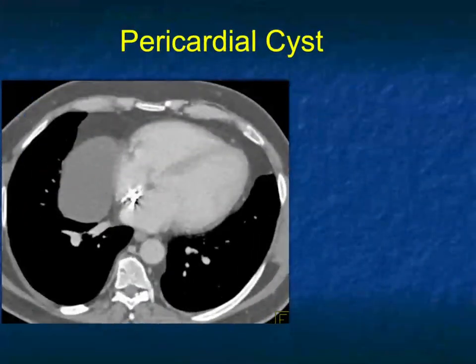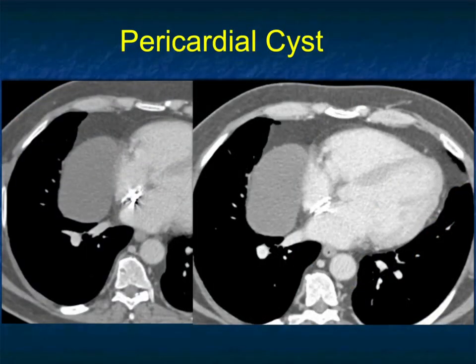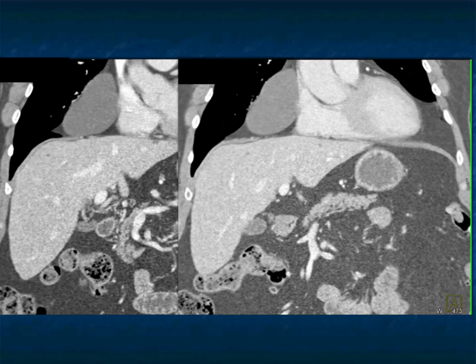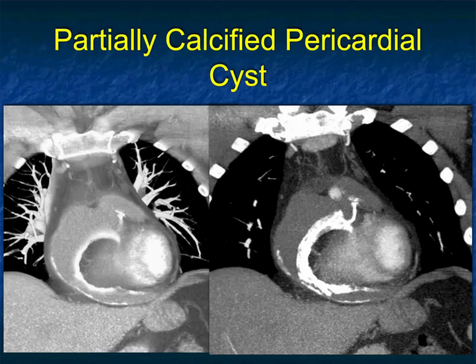Here's another example of a larger pericardial cyst. Water density, right side of the heart. We occasionally will see pericardial cysts on the left side, but that's infrequent. And here it is very nicely shown on the patient's coronal views. This case is one of the reasons why you do think sometimes of things like adenopathy, but adenopathy is soft tissue density, usually multiple nodes, and this is water density, so there's not going to be any confusion there.